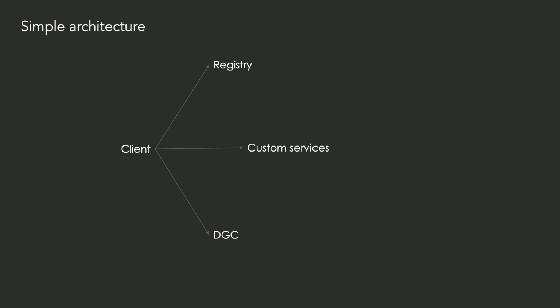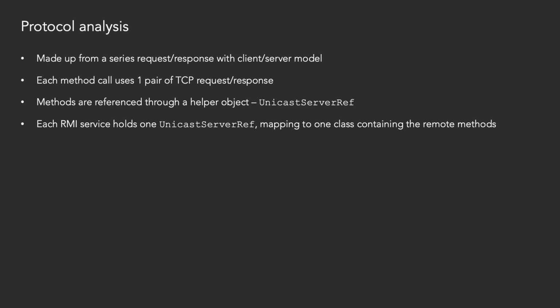And the DGC is for garbage collection, a process in Java to clean up unnecessary resources. The purpose of the DGC isn't relevant, but its exploits are actually quite useful, as I will detail later.